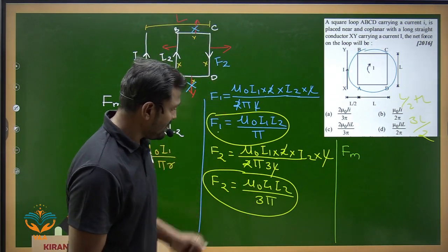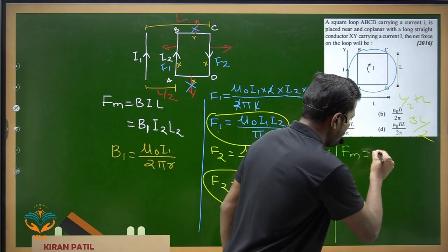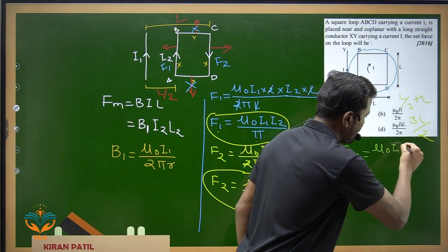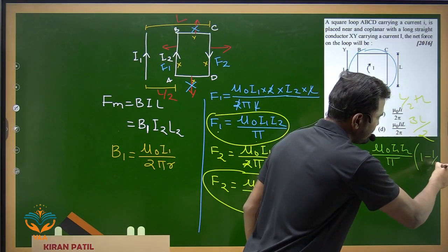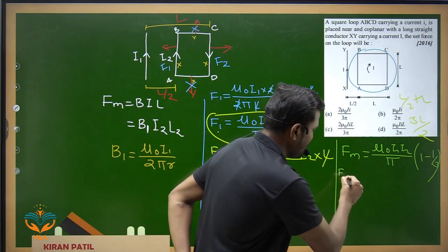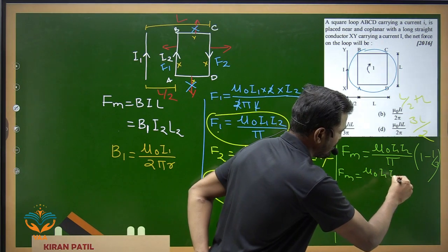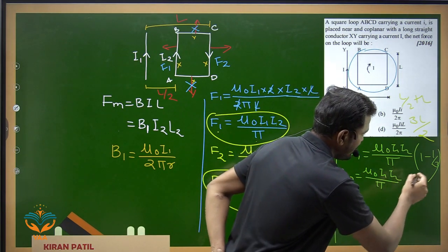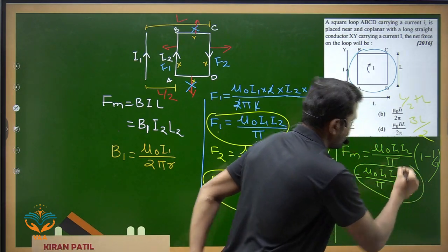So mu naught I1 I2 by pi is common. 1 minus 1 by 3 is the answer. If you simplify this, Fm becomes equal to mu naught I1 I2 by pi into 2 by 3. So this is the answer.